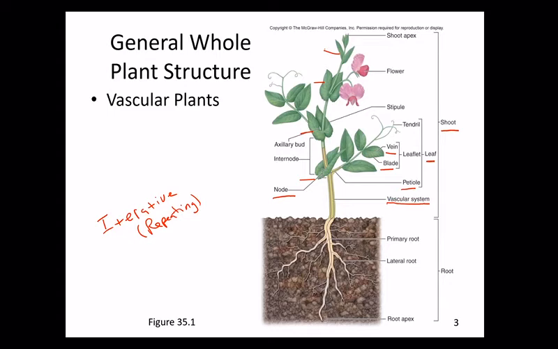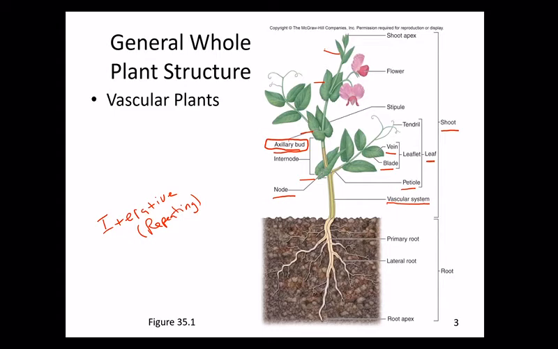Now, if we get a closer look at the node, we're going to see, in addition to the leaf, the axillary bud. The axillary bud is a dormant, that is not growing, portion of the plant, where a stem or a new leaf can grow out of. And that's going to be important for the branching of the plant, in addition to the growth of the plant itself.